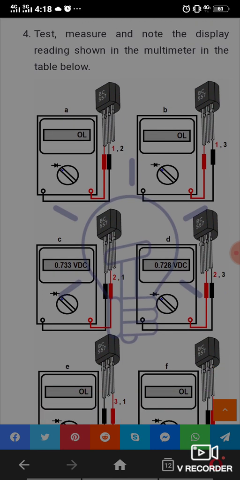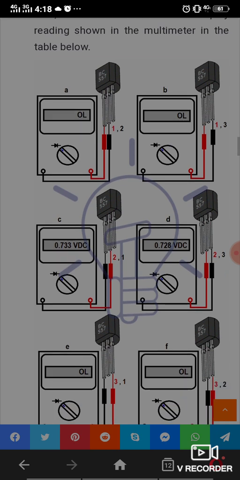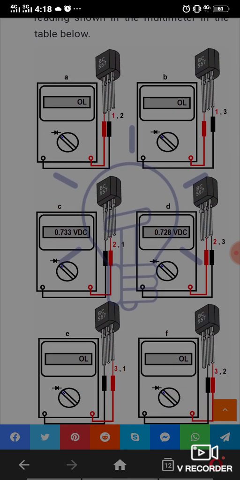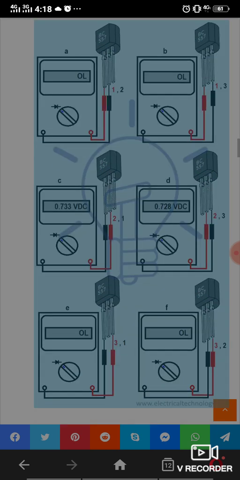Black to red displaying 0.733 volt DC, and red to black 2 to 3 leg displays 0.728 volt DC.